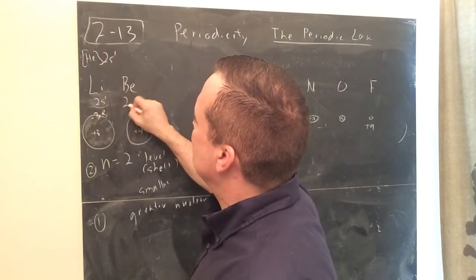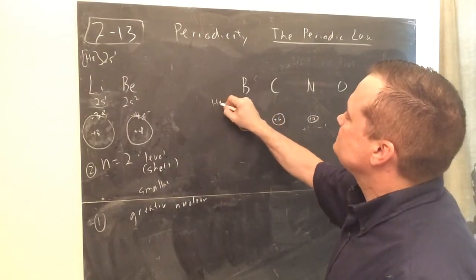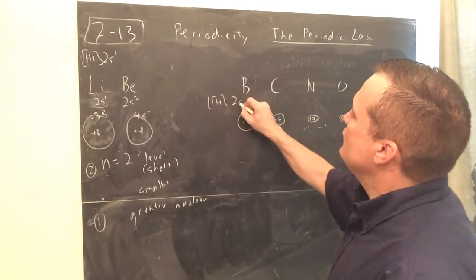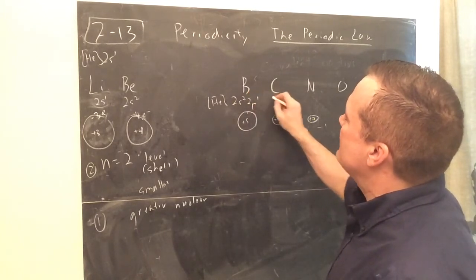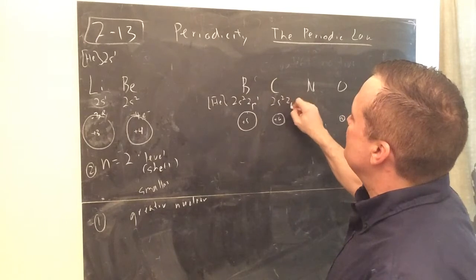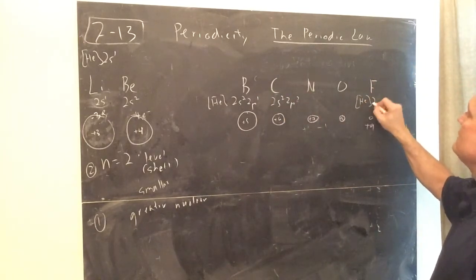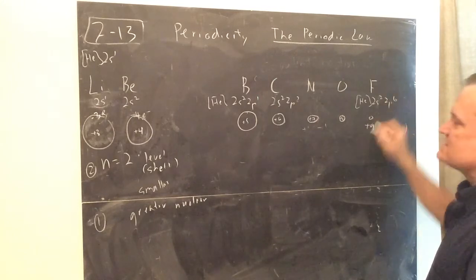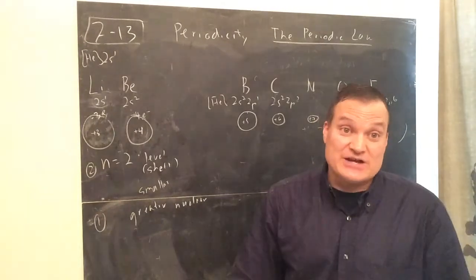Beryllium will be helium 2s2. Boron will be helium 2s2, 2p1. Then 2s2, 2p2. And all the way up to helium 2s2, 2p6.